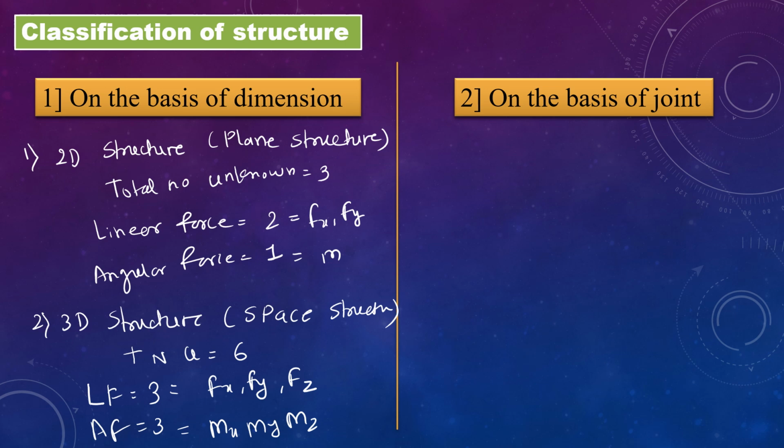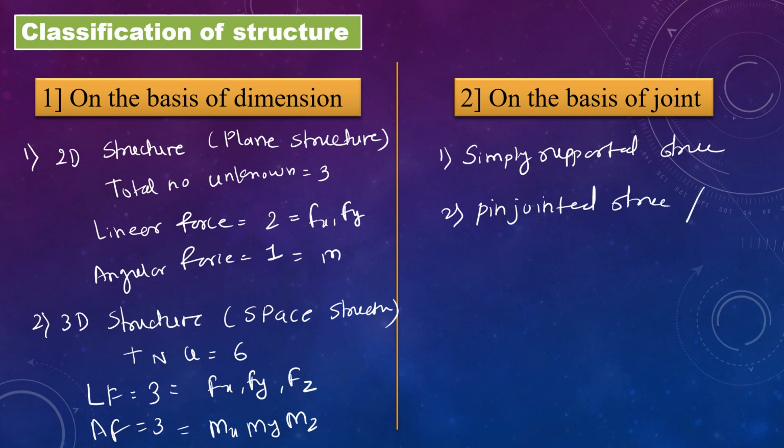On the basis of joint there are 4 structures. In that first is simply supported structure. Then second is pin jointed structure. So pin jointed structure is also known as trusses or truss structure.